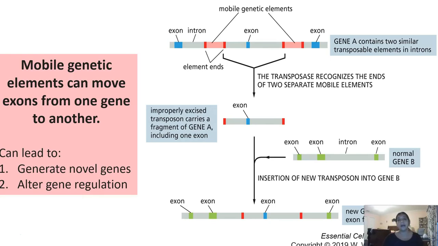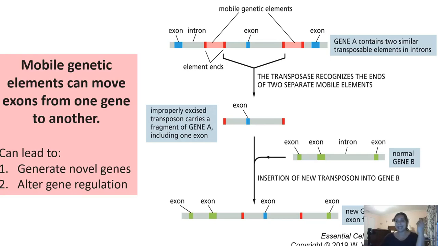And when this particular fragment gets inserted somewhere, let's say into another gene, that gene has suddenly gained an additional exon that can either render the whole protein useless because of the way it changes the sequence, or it may end up with a new protein that wasn't there before, that has new domains.